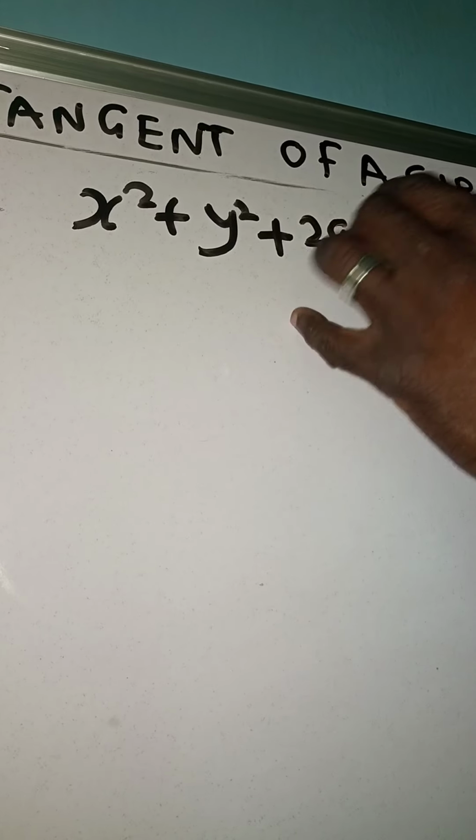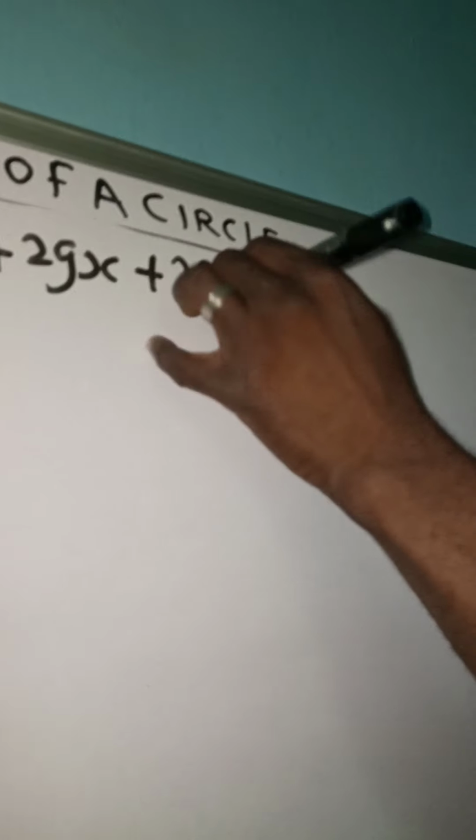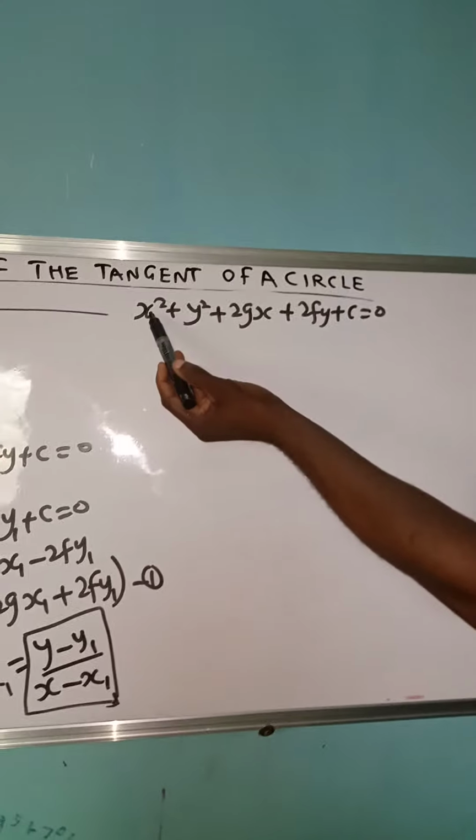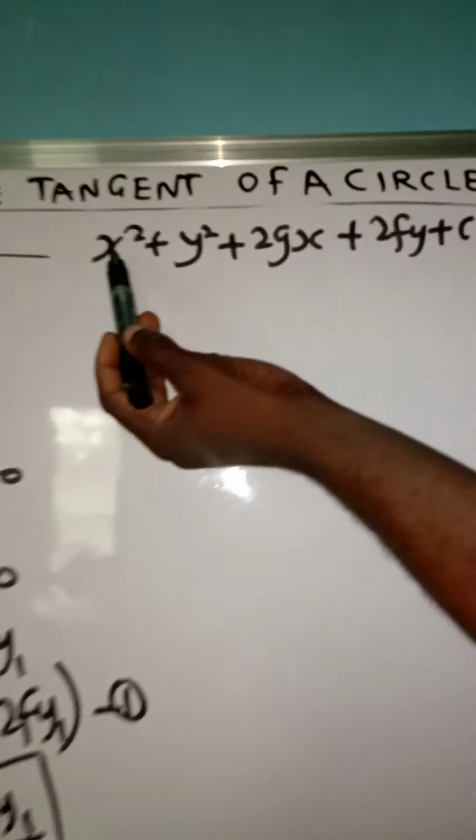Now your circle, x² + y² + 2gx + 2fy + c = 0. This is an implicit function. When you have an implicit function, you have more variables, not just x. You also have y as a variable.